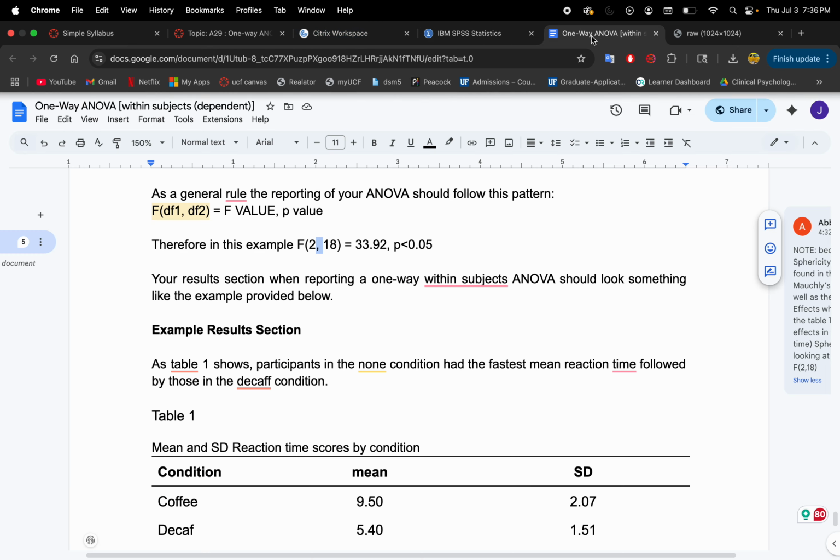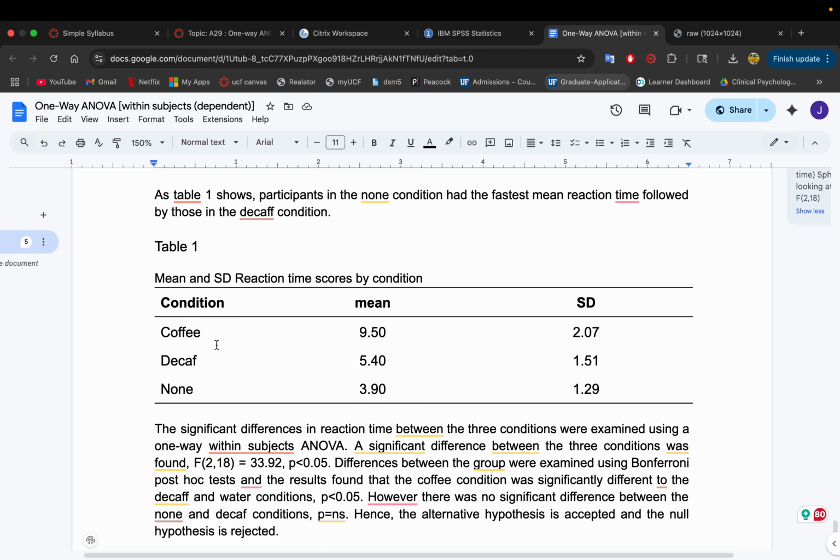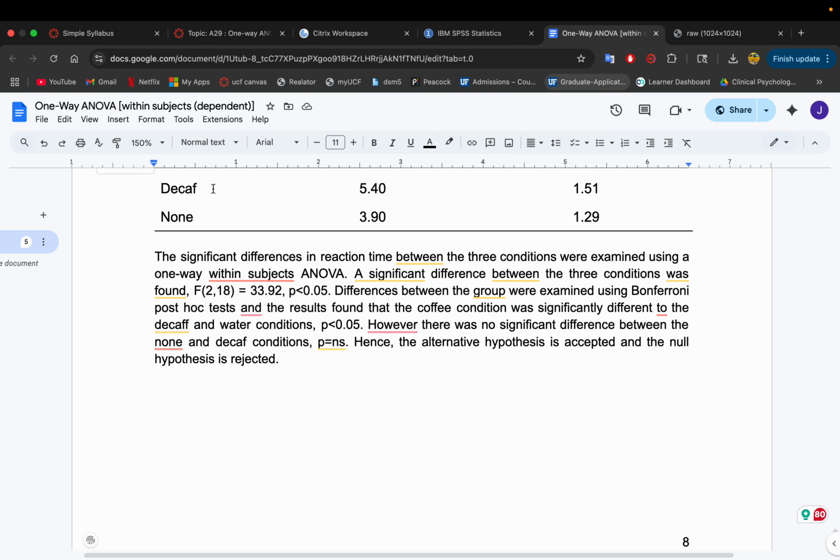So the example results would be giving this table with the mean and the standard deviation, and then: the significant differences in reaction time between the three conditions were examined using a one-way within-subjects ANOVA. A significant difference between the three conditions was found, F of 2, 18 equals 33.92, and p is less than 0.05.